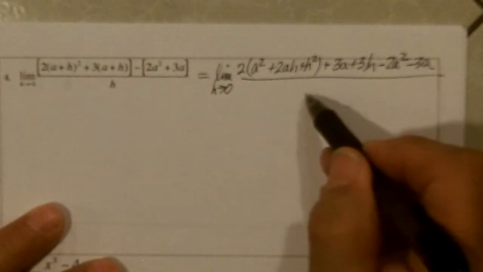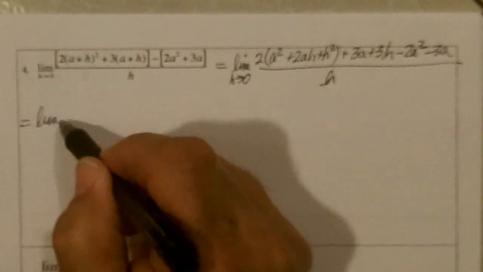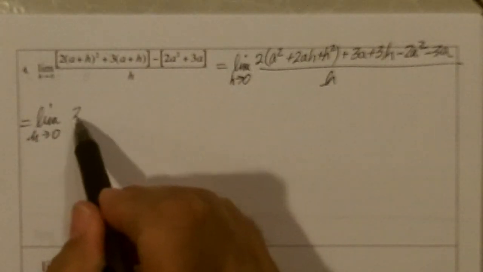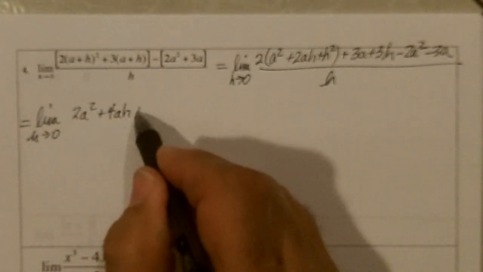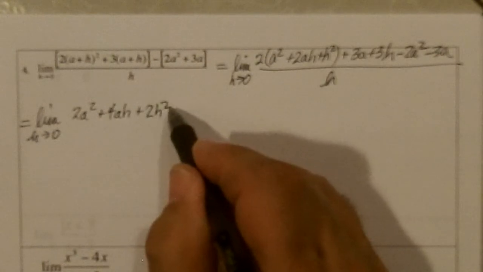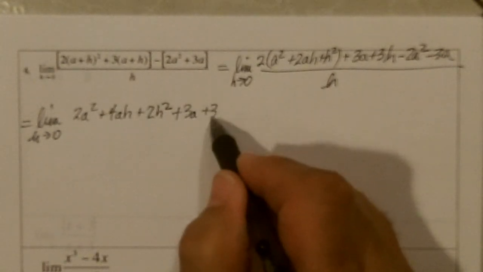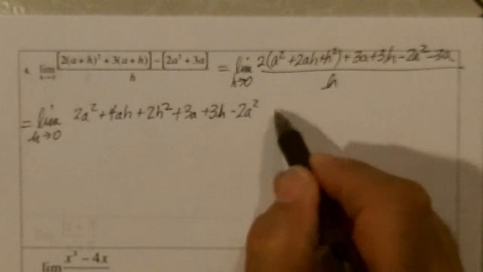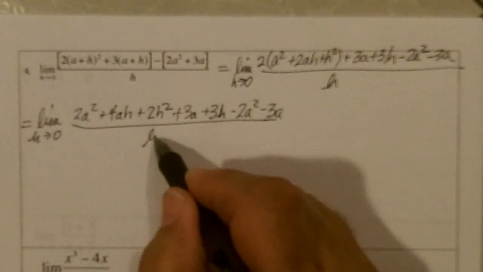All of that over h, which becomes the limit as h approaches 0 of 2a squared plus 4ah plus 2h squared plus 3a plus 3h minus 2a squared minus 3a, all over h.